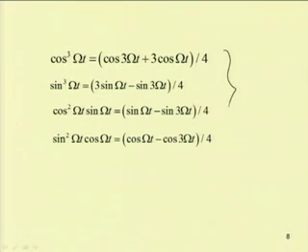We can use the transformations: cos cube omega t equals (cos 3 omega t plus 3 cos omega t) by 4; sin cube omega t equals (3 sin omega t minus sin 3 omega t) by 4; cos square omega t sin omega t equals (sin omega t minus sin 3 omega t) by 4; and sin square omega t cos omega t equals (cos omega t minus cos 3 omega t) by 4.